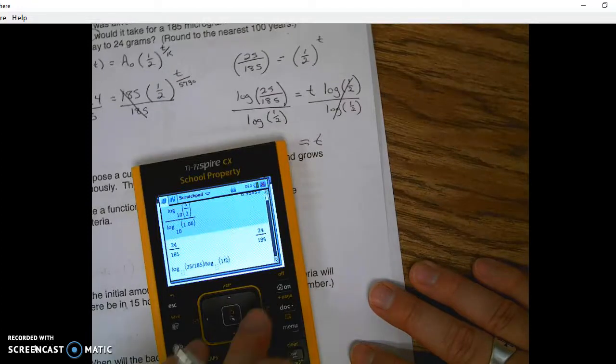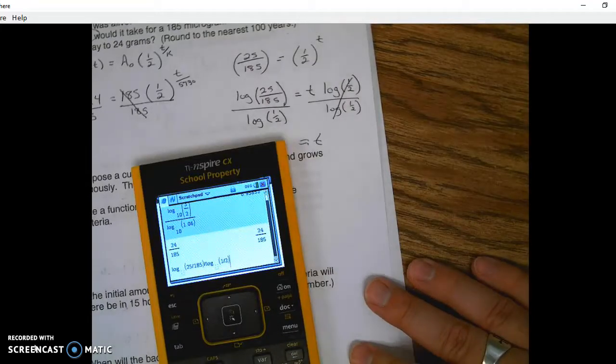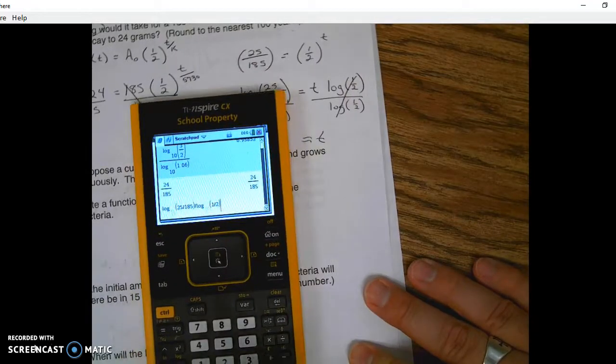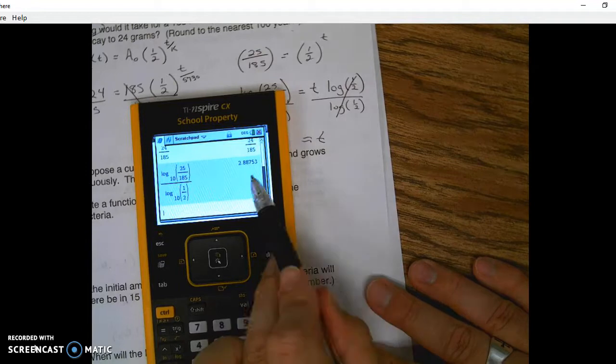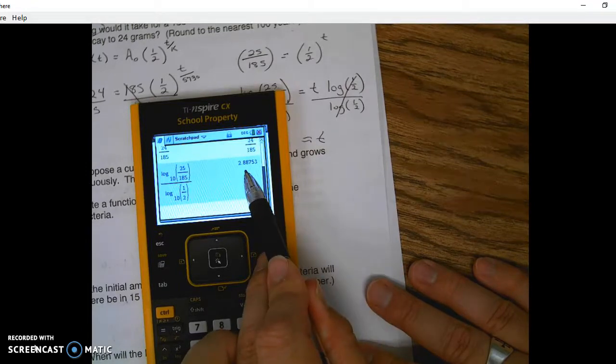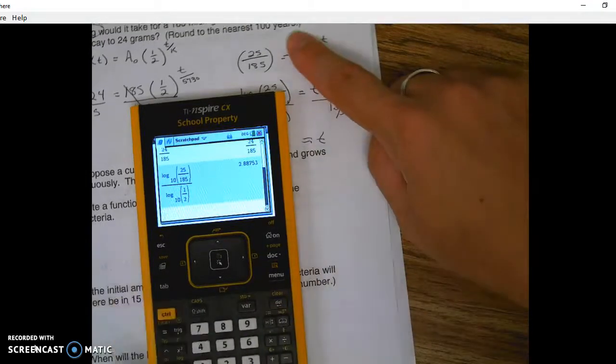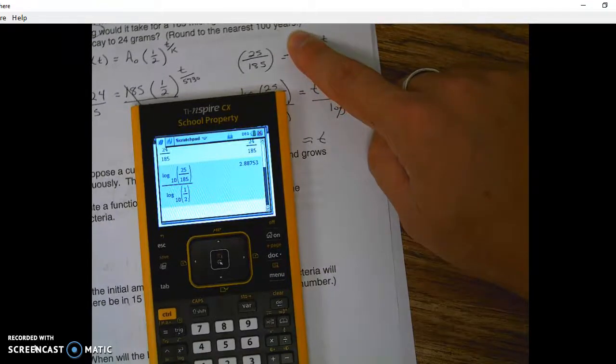Could put 0.5 in there. And we're going to get 2, and it says to the nearest 100 years. 2.88753.